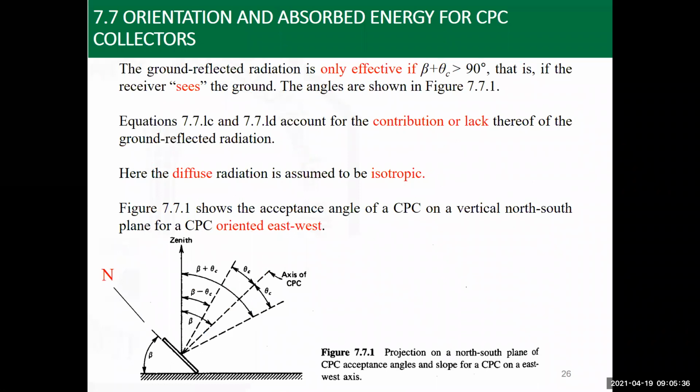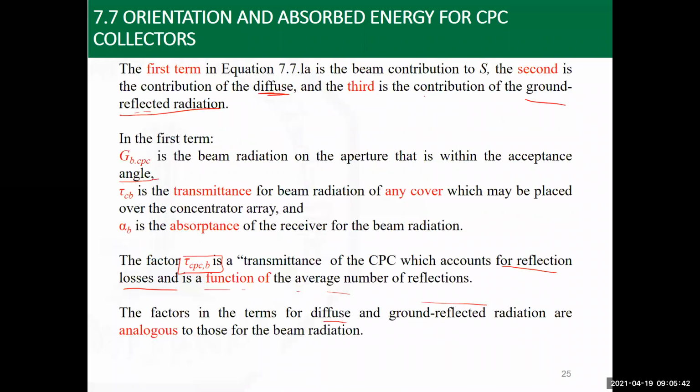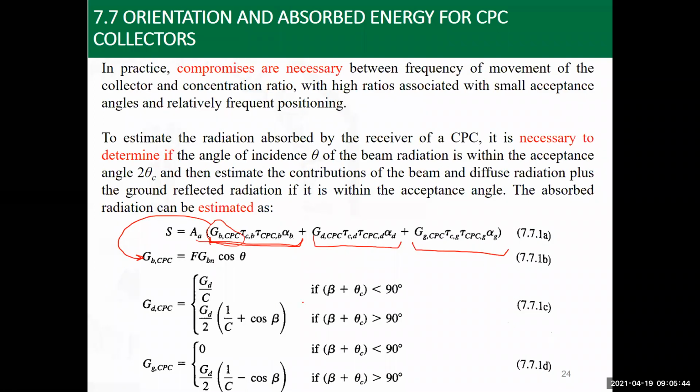Now this angle is going to reflect the conditions that are given in the previous slide. These conditions, which are specified by this part, are represented in the figure that we are going to see for a while. Remember, beta is the angle of inclination of the unit to the horizontal, and theta C is the acceptance angle.